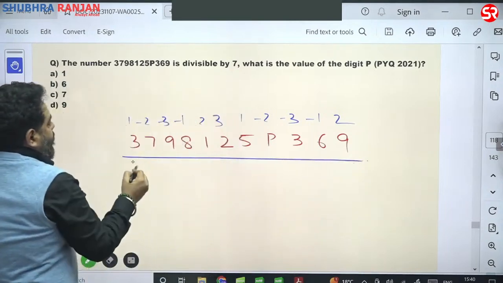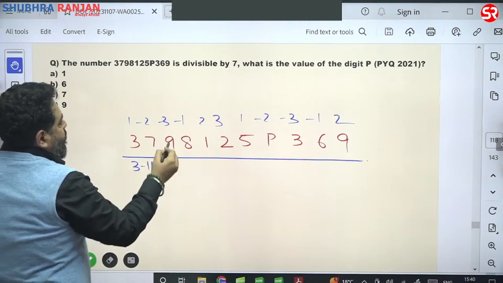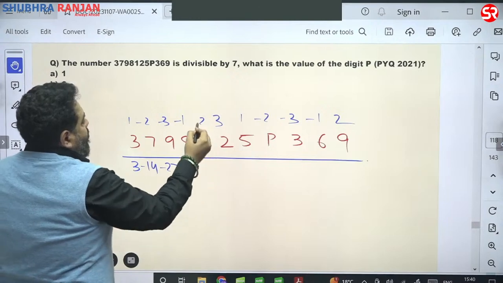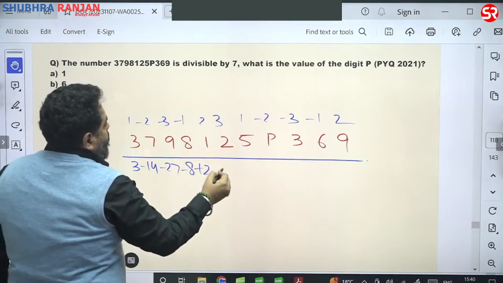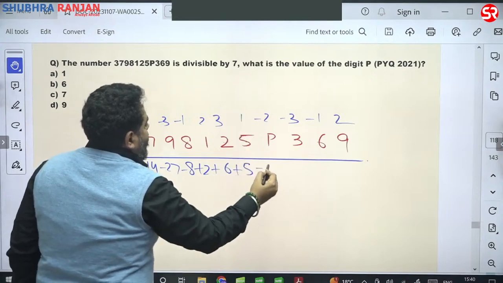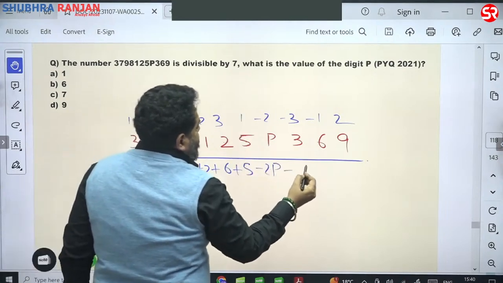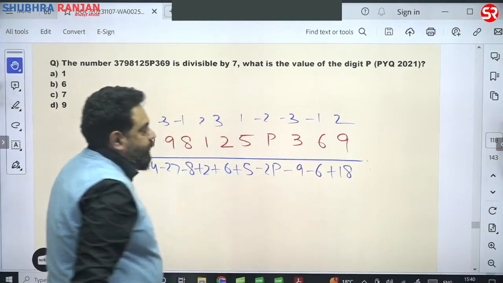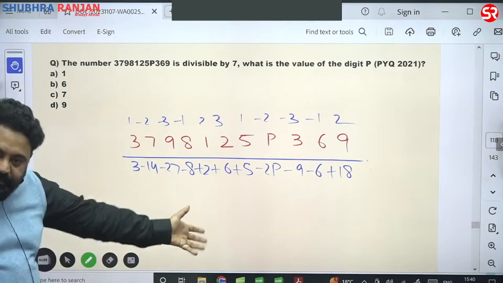So 3 ones are 3, and this is minus of 14, and this is minus of 27, and this is minus of 8, and this is plus 2, plus 6, plus 5, minus 2p, minus 9, minus 6, plus 18 has to be a multiple of 7.